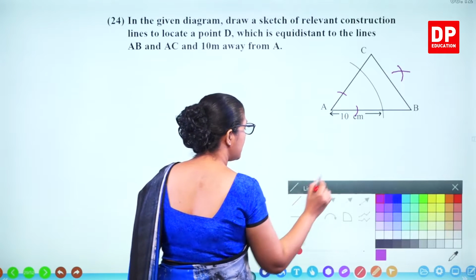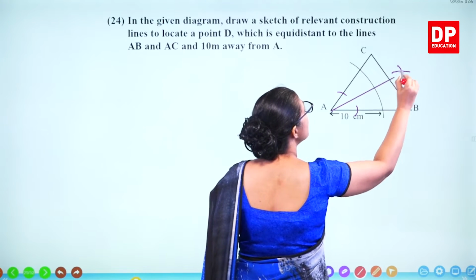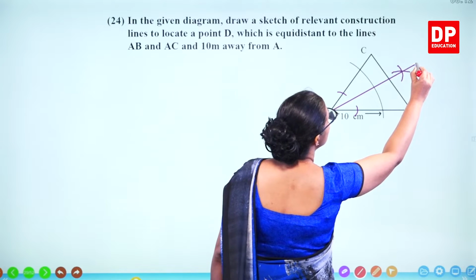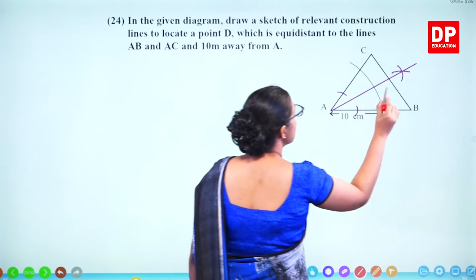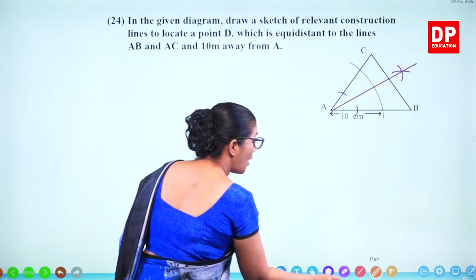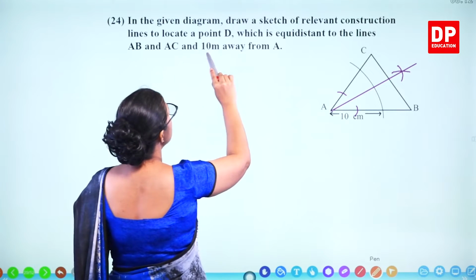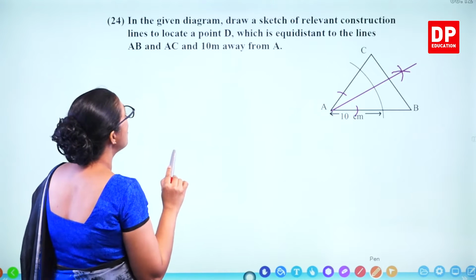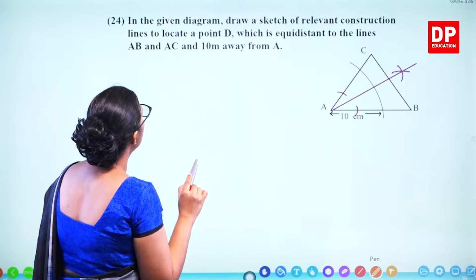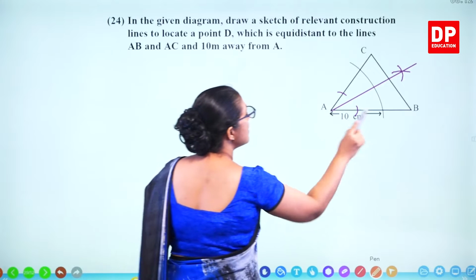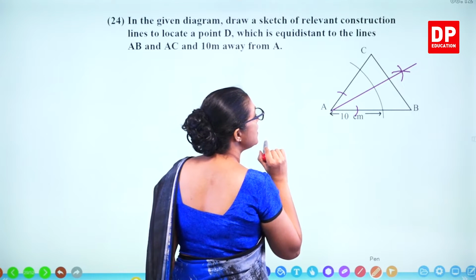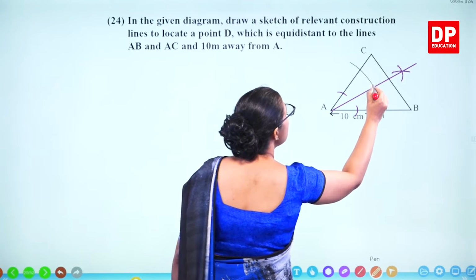Then you join this point with this intersecting point. So that's the angle bisector. And it's 10 meters away from A. So here this should be meters. So where's D?